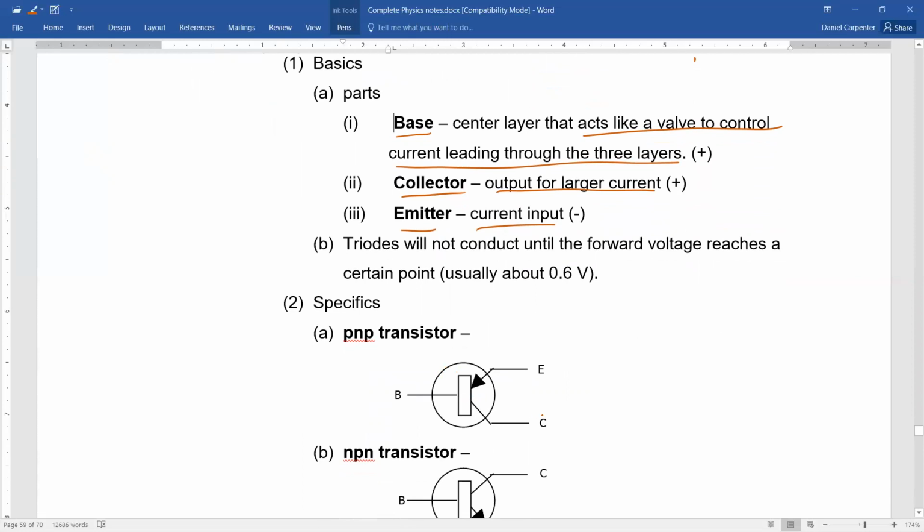So basically, current comes in through the collector and it goes out through the emitter, and notice that's backwards of the arrow. In a lot of these schematics, maybe all of them, I'm not sure, the arrow is pointing backwards of how you think it should be.